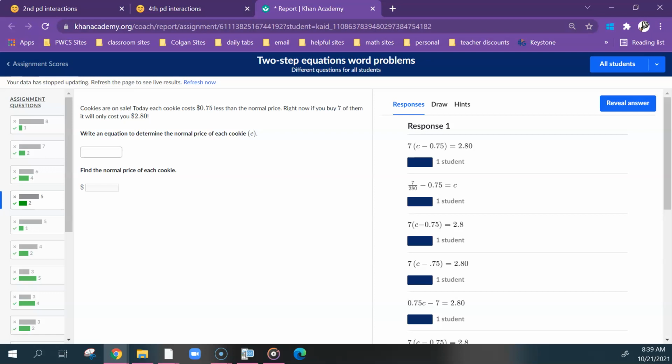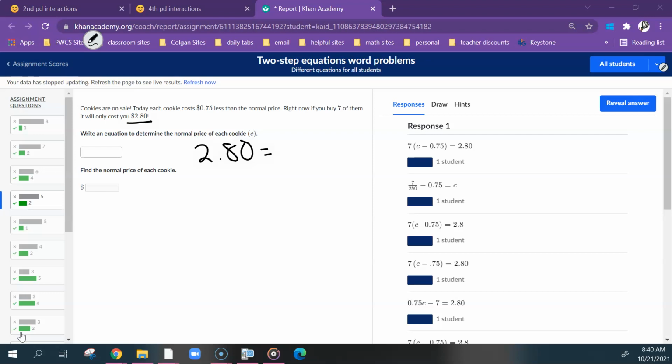So with a problem like this, that 280 is your total. So we can set this equal to 280. You don't have to write this down, but if you are, that's fine. And then we see that each cookie costs 75 cents less than the normal price.